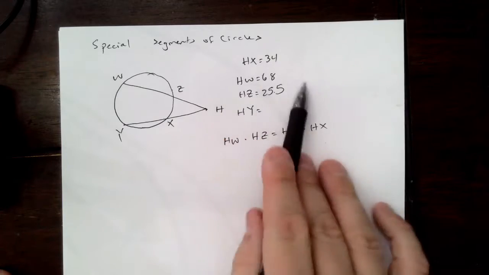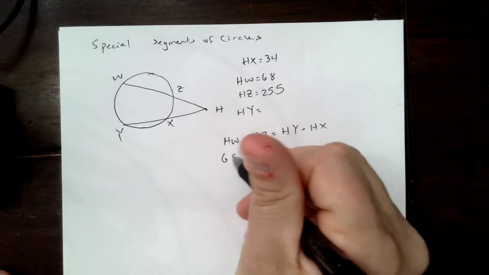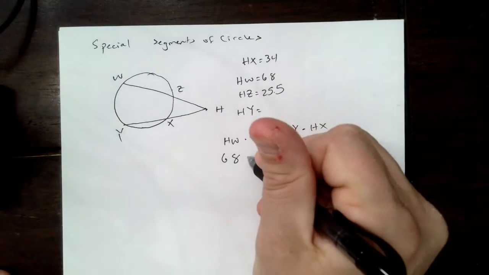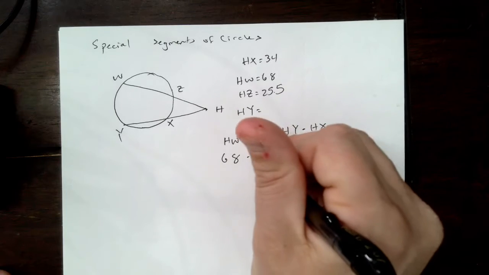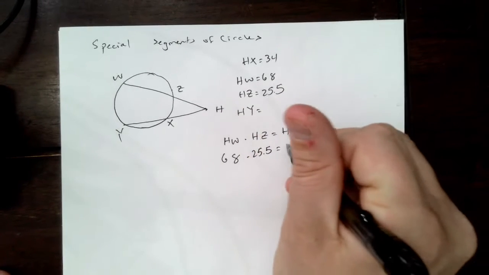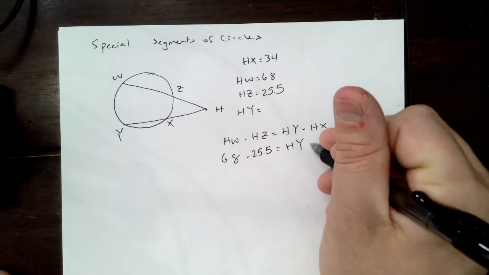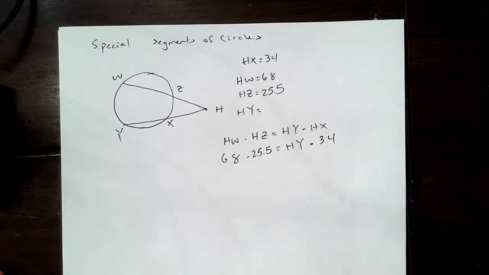So we can plug in the pieces here: 68 times HZ, which is 25.5, equals HY, which we're after, times 34. Let me grab my calculator here. Let me make sure this is, oh yeah, we're good. Okay.